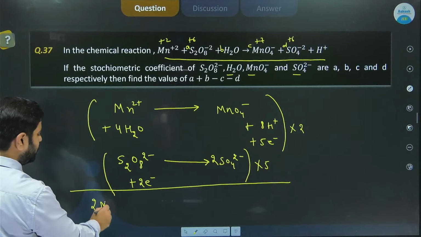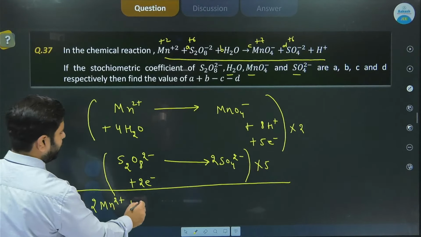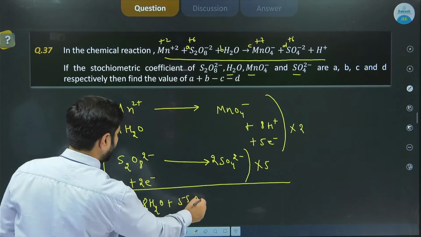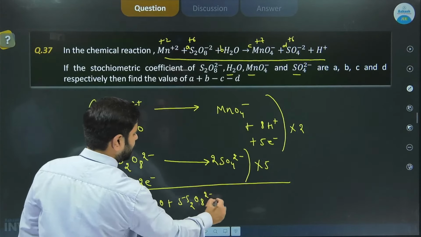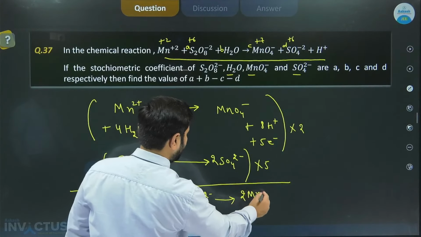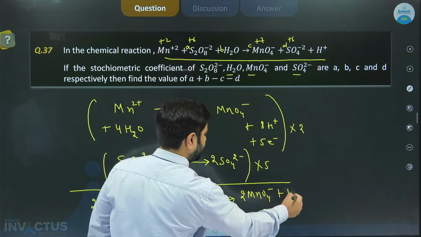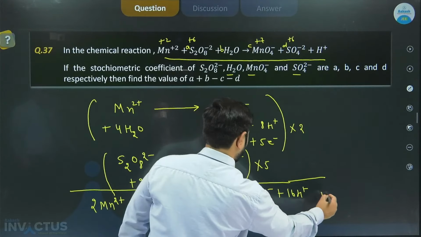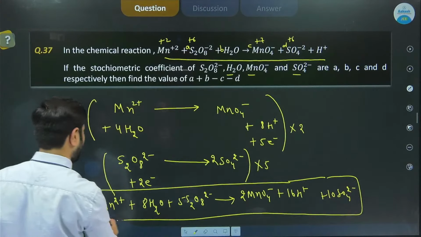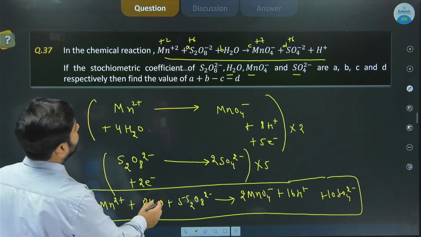You would get 2Mn2 plus 8 water plus 5 S2O8 2 negative gives, electrons would get cancelled out, 2 MnO4 minus plus 16H plus 10 SO4 2 minus. Now you know the coefficients of S2O8 2 minus.